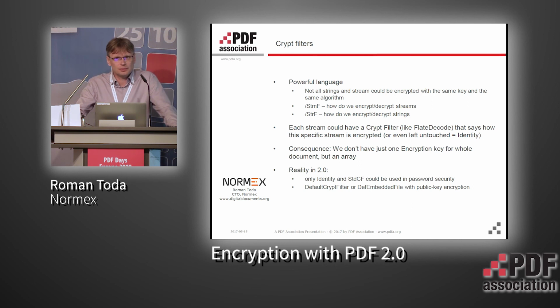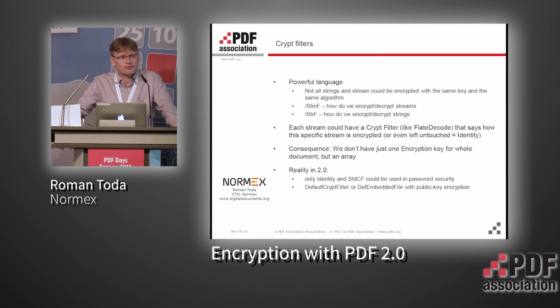Another feature that's not been used as much as possible is crypt filters. They have been known in PDF forever, so to speak, and it is a very powerful language. And I think we have a small missed opportunity here, that we are not using this language a lot better. The basic scheme encrypts and decrypts streams and strings in a file with one single encryption key.